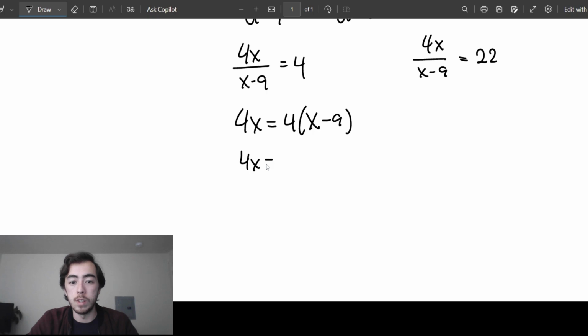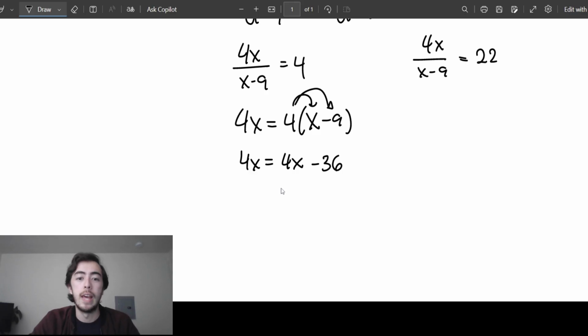Because once we distribute this 4 to the x and also the 9, we're going to get a no solution on the left side. This is going to be a minus 36. And once I subtract off a 4x from both sides, I get 0 equals negative 36. And this is nonsensical.